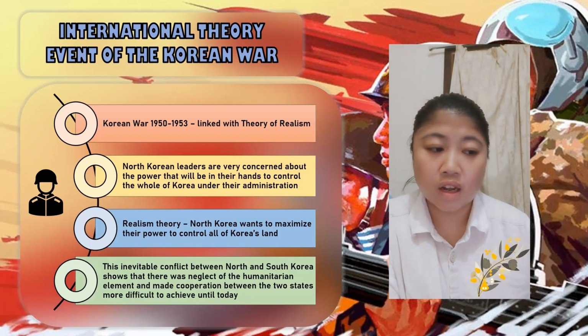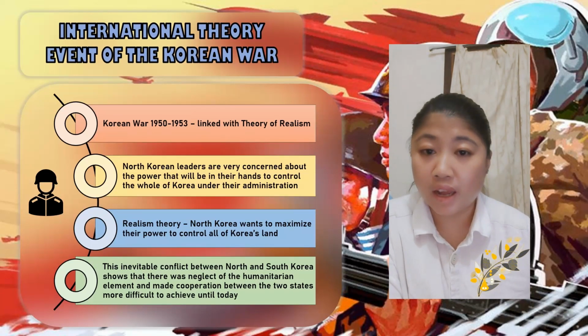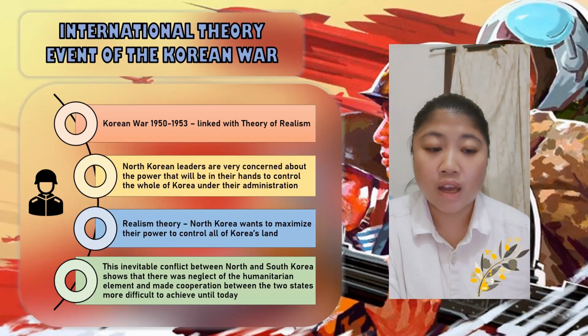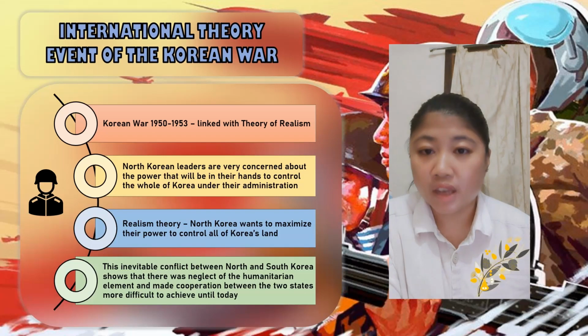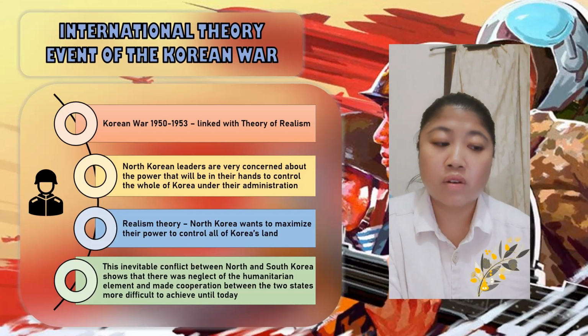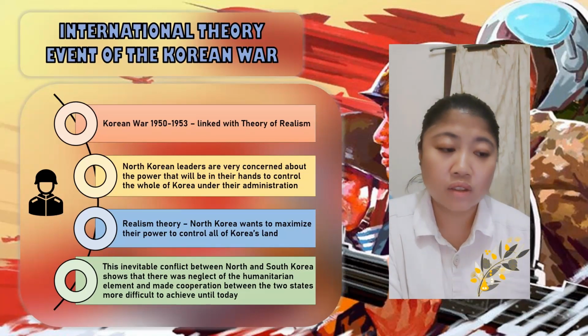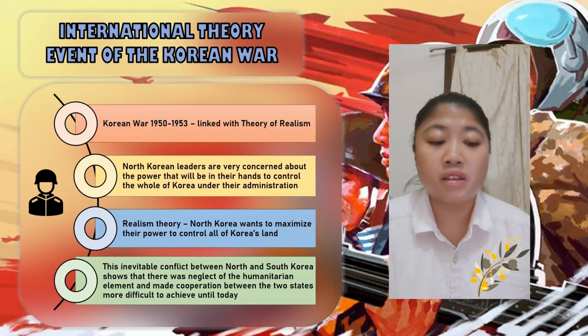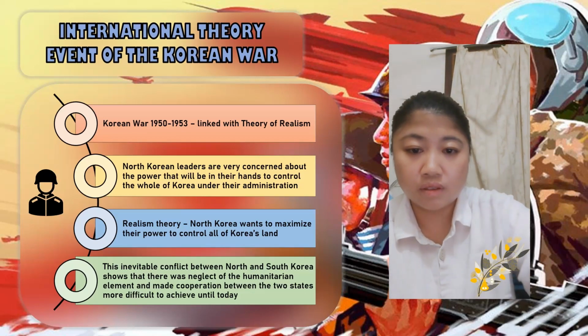Just as North Korea wants to maximize their power to control all of Korea, the inevitable conflicts between North and South Korea show that there was a neglect of the humanitarian element, which made cooperation between the two states difficult to achieve. Until today, we can see North and South are still separated by the demilitarized zone.